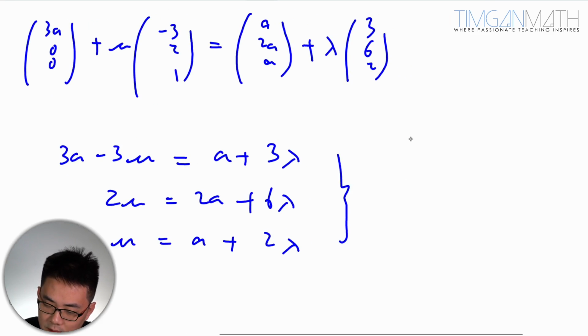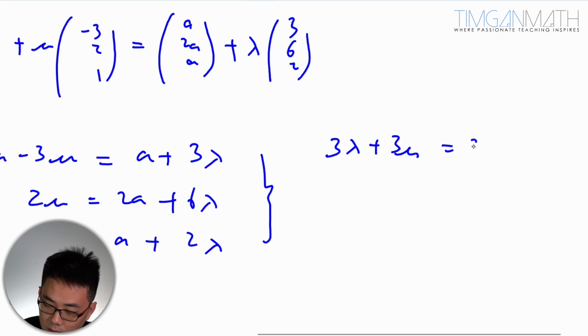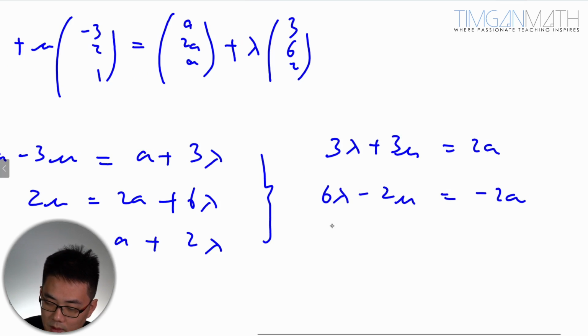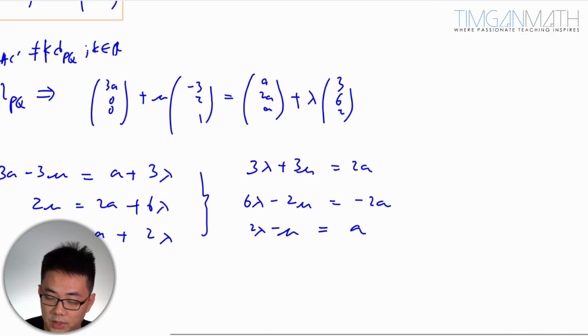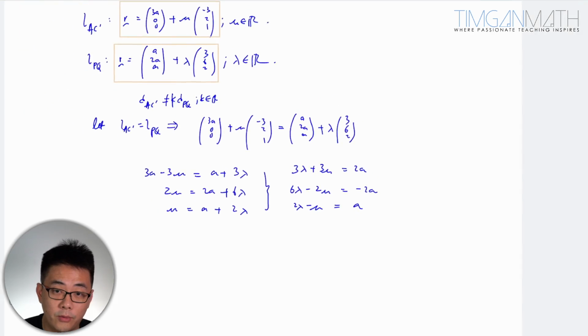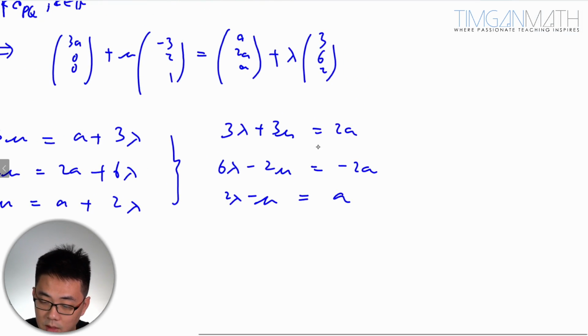That will give us 3 mu plus 3 lambda equals to 2a, and then 6 lambda minus 2 mu equals to minus 2a, and then 2 lambda minus mu equals to a. Okay, so the question now is whether you have a lambda which satisfies all these equations here. You have three equations and actually 2 unknowns here.